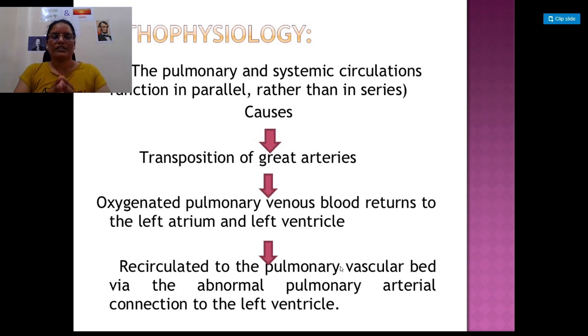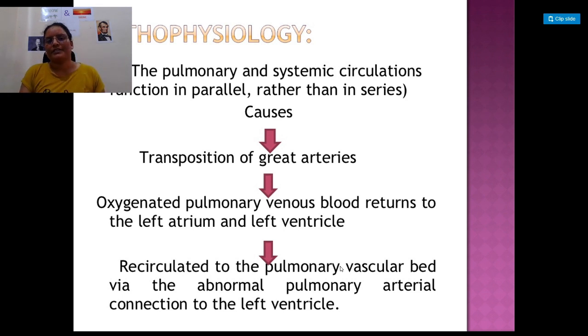Then the pathophysiology, what happens? Normally, the pulmonary artery receives deoxygenated blood from the right ventricle and gives it to the lungs. Then the aorta takes the oxygenated blood and gives it to the whole system.